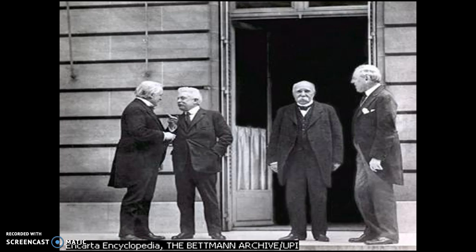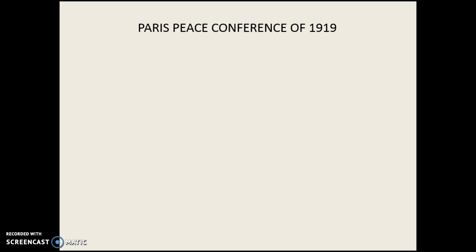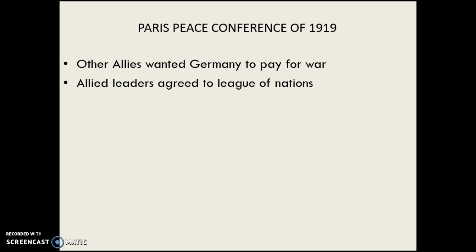All right, so this is here at Versailles, and the Paris Peace Conference. So the thing about this is it's pretty cool that the Allies liked the 14 points by Woodrow Wilson, except they wanted to change some things, and they did not completely 100% agree with Woodrow Wilson.